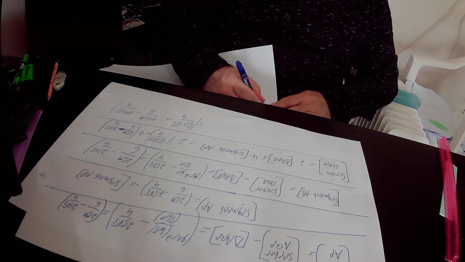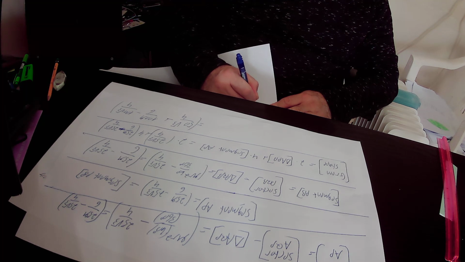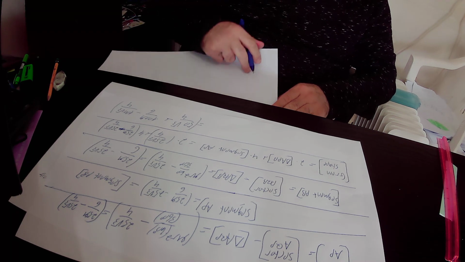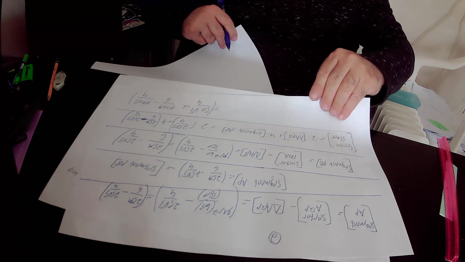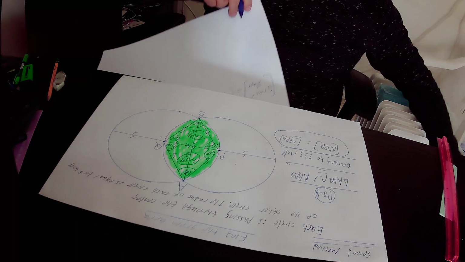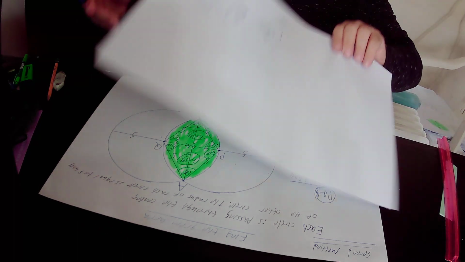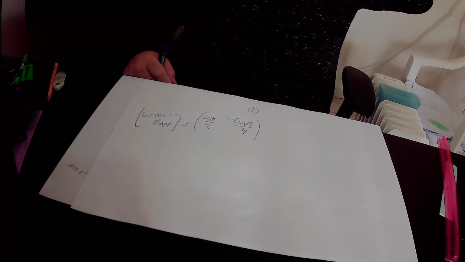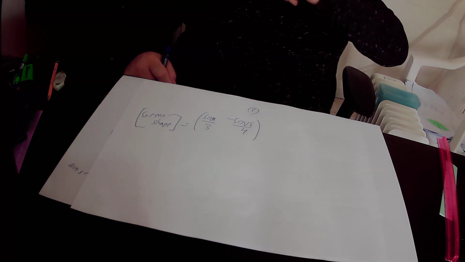So in conclusion, we found that the area of the green shape, according to the second method, equals 50 pi over 3 minus 50 times square root of 3 over 4.